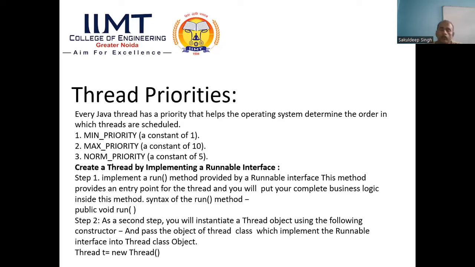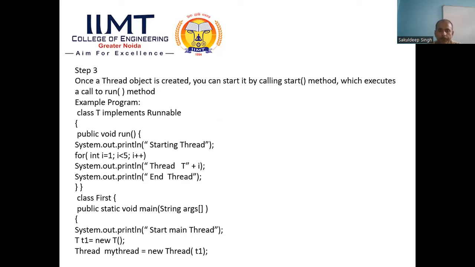Thread t = new Thread. Step 3. Once a thread is created, you can start it by calling the start method, which executes a call to the run method.